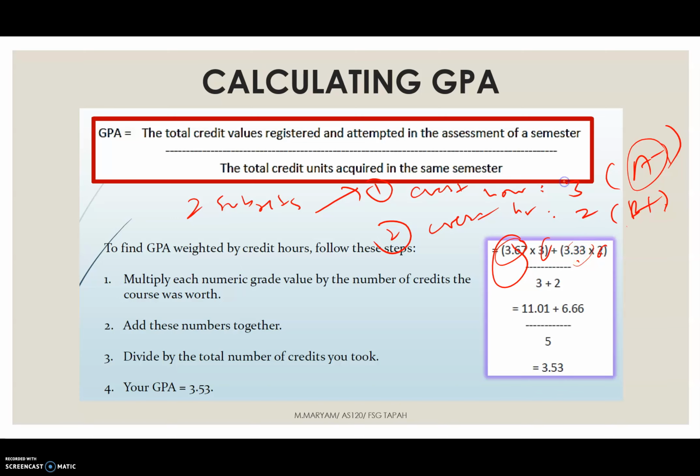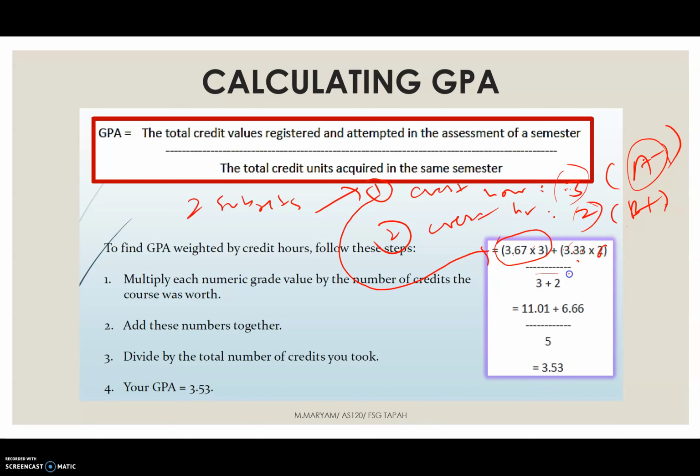So for each subject, take the point and times it with the credit hour. So for example, the first subject, A minus point is 3.67, you times the total credit hour, which is 3, plus for the second subject, B plus is 3.33 times the credit hour of 2.